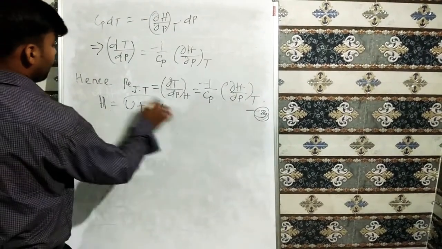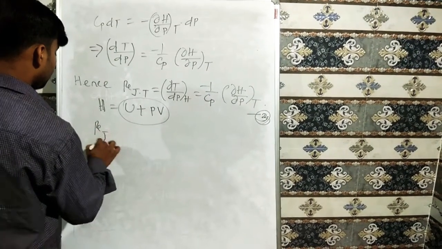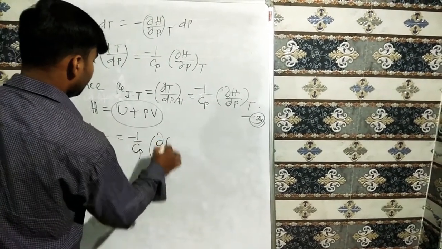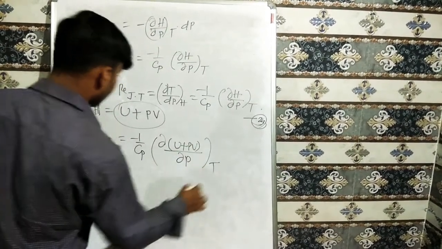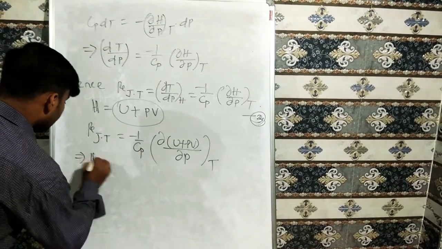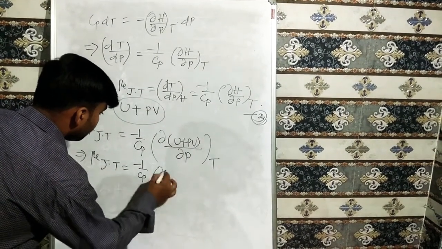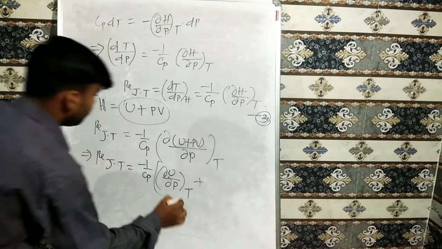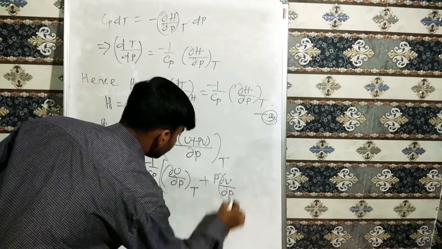By putting this value of enthalpy in the above expression, mu JT is equal to minus 1 by Cp, del of (U plus PV) divided by del P at constant T. Okay, so now we get mu JT is equal to minus 1 by Cp [del U by del P at constant T plus P del V by del P at constant T].